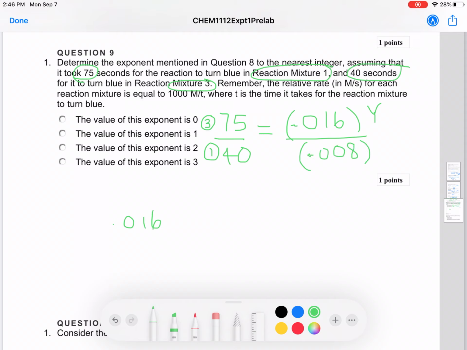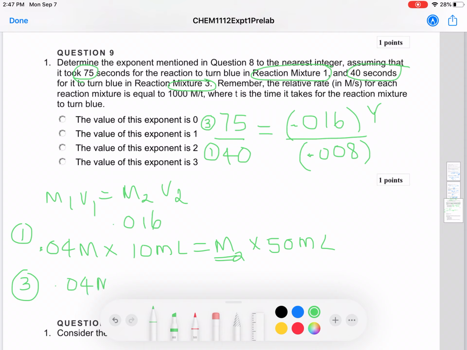If it is for reaction mixture 1, the concentration is 0.04, and the volume you took was 10, don't know M2, and the volume was 50 milliliters. So this will give you the concentration of potassium bromate in reaction mixture 1. Then for reaction mixture 3, again you use 0.04 molar, and for the third one you use 20 milliliters. So M2 and then 50 milliliters. That will give you 0.008.